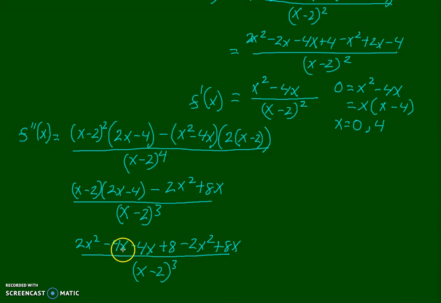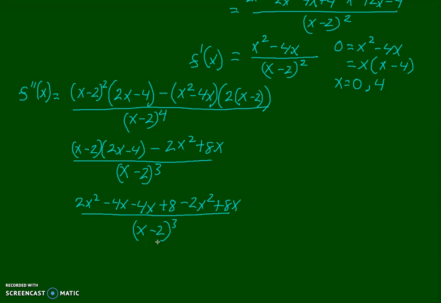So here we have negative 4x and negative 4x is a negative 8x, which cancels out with this 8x. This negative 2x squared and this 2x squared cancel out. So all we're left with is the 8 in the numerator. So f double prime of x is 8 over x minus 2 to the third.